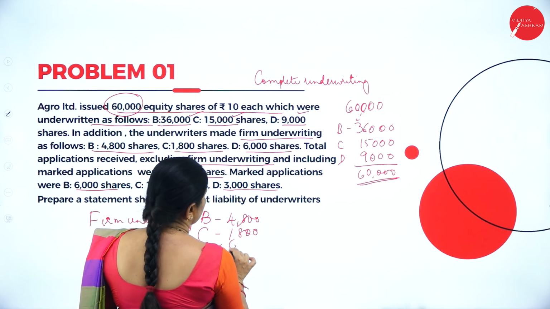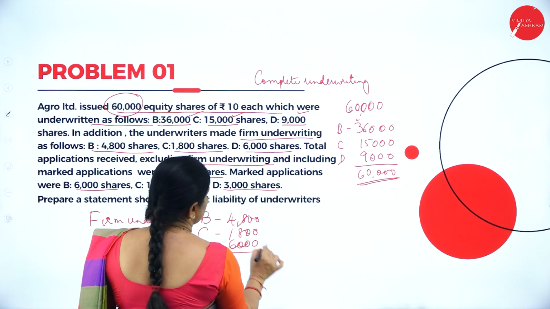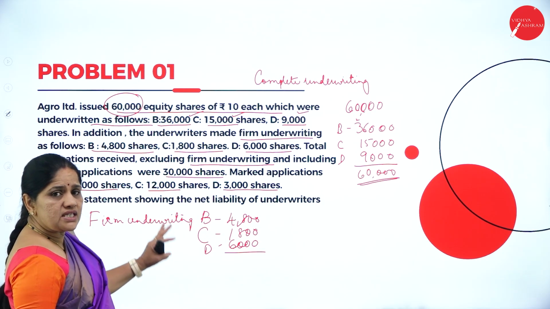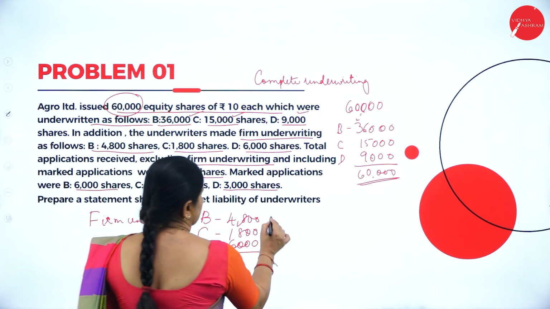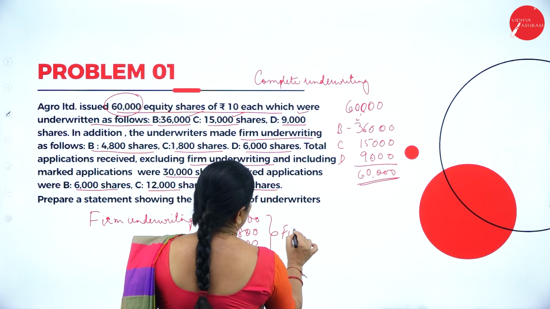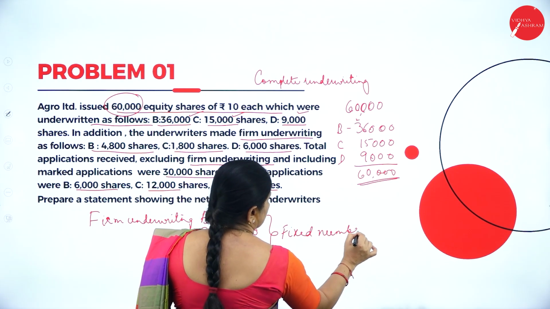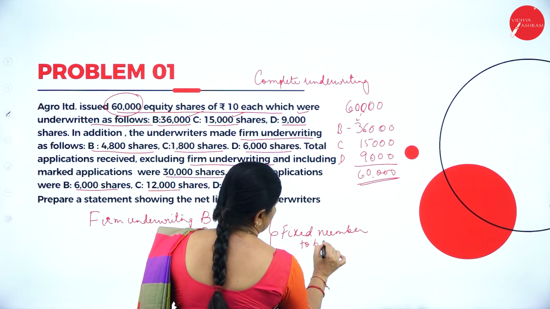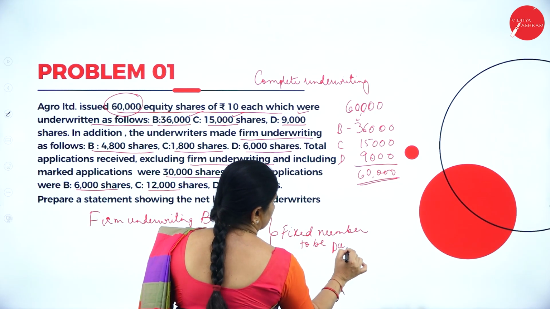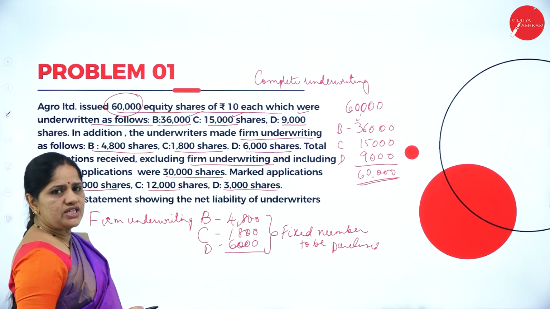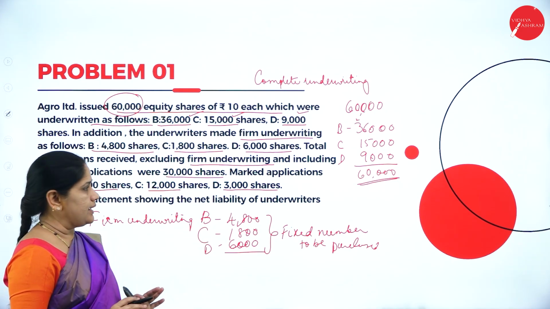D has agreed to take up 6,000 shares. Totally, they have agreed to take up this fixed number of shares. They are saying that they will buy this fixed number of shares. That is what we mean by firm underwriting.